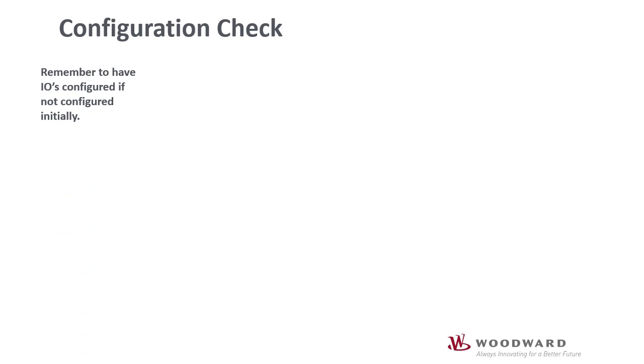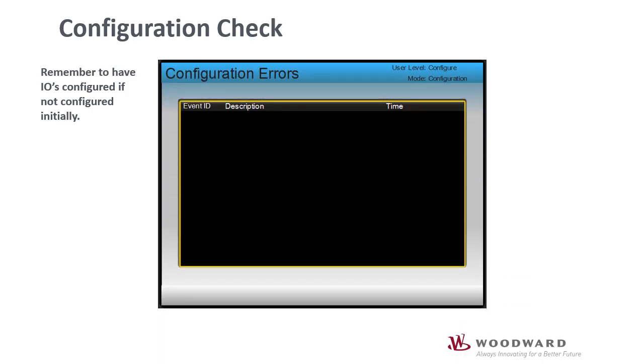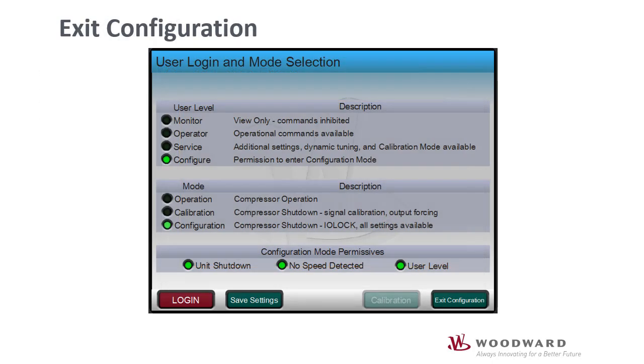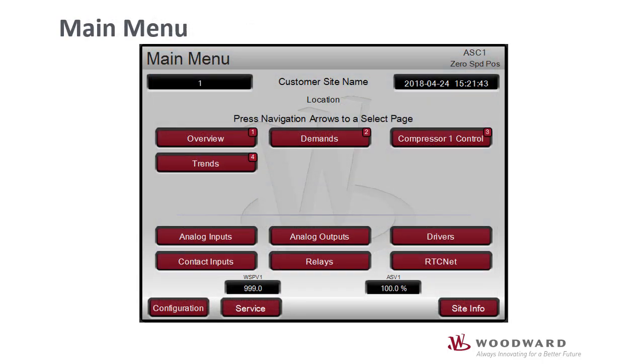Alternatively, you can hit the configuration check button and you will see nothing in your configuration check errors section. If your configuration has no error, then you can go ahead and exit the configuration. The unit will save the tunables, and you should notice that your header turns from blue to gray.